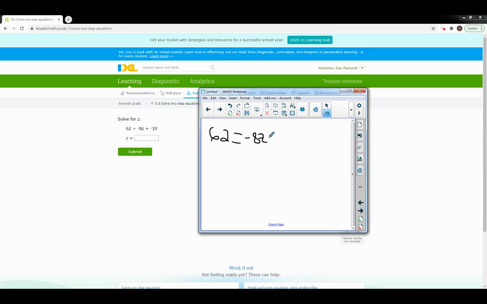Let me do this thing, make it look like a z. Plus negative 10 is the same thing as minus 10. So if you want to rewrite it that way and get rid of that plus, you can do that. So plus negative 10 is the same thing as regular minus 10.